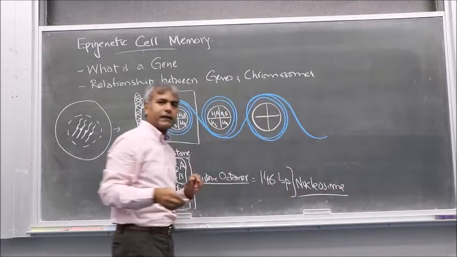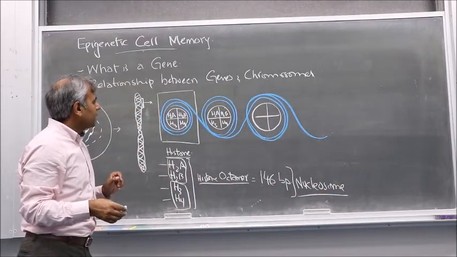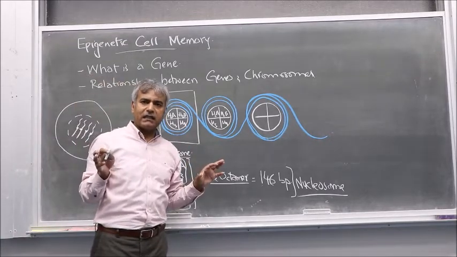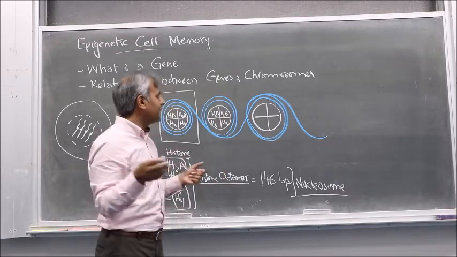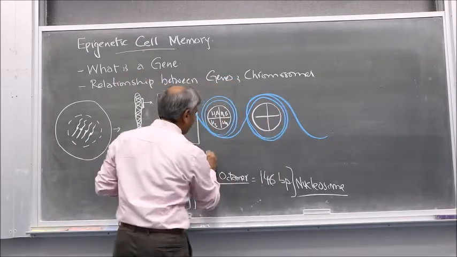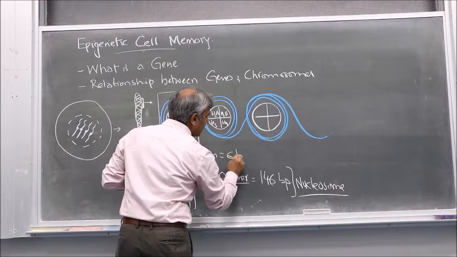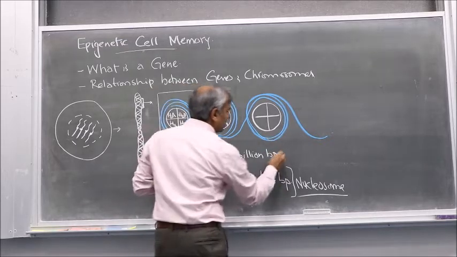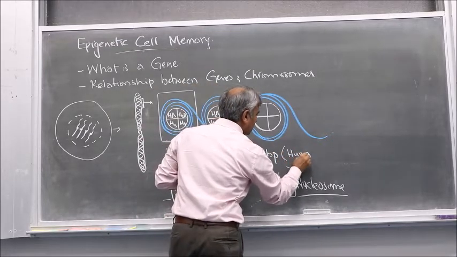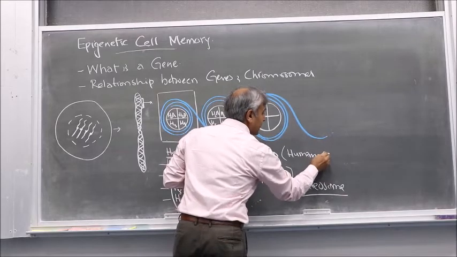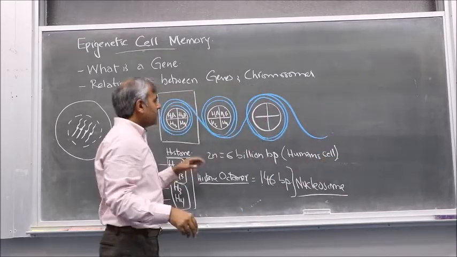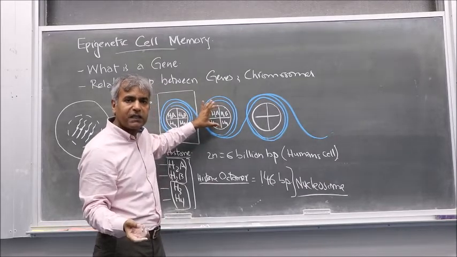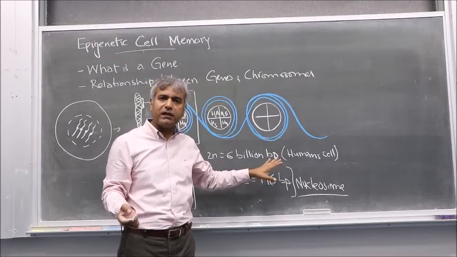In a eukaryotic cell, if there are 6 billion base pairs in a diploid cell in humans, so 2n, 6 billion base pairs in a single human cell, and if each nucleosome wraps around 146 base pairs, you can imagine how many nucleosomes there are.